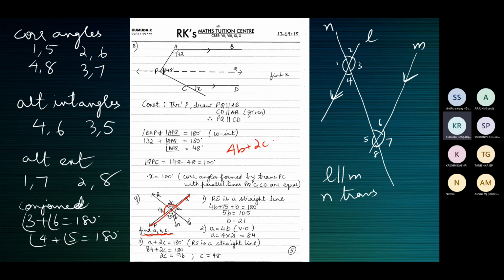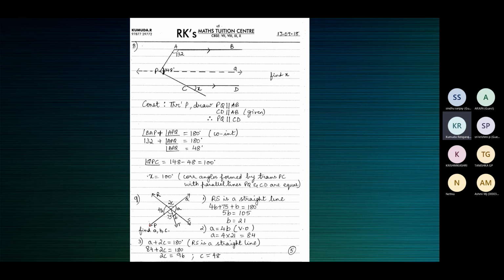But that's not going to help you because you cannot find B, you cannot find C. The equation is correct, because PQ is a straight line. On the straight line, you have 4B and 2C. So 4B plus 2C is equal to 180 is correct.